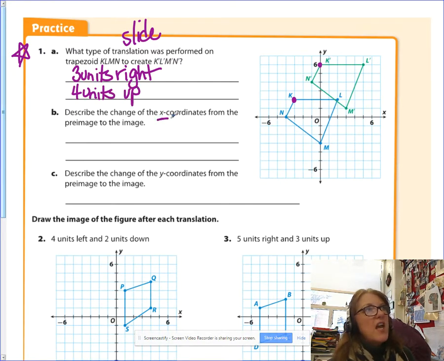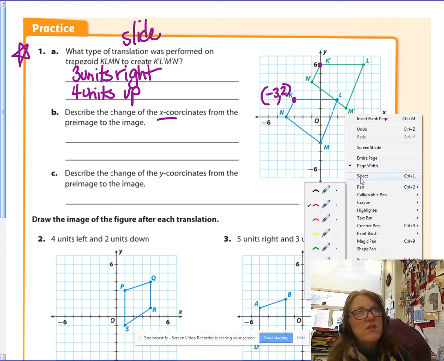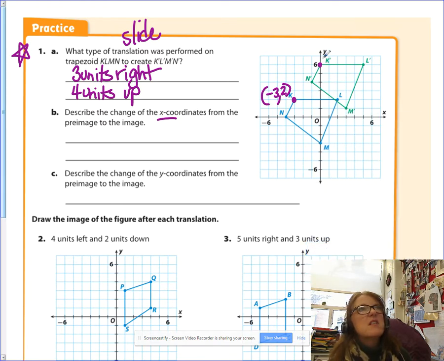What happens to the x coordinate from the pre to the post? So let's take a look at this original K. This original K had an x coordinate of -3, a y coordinate of 2: (-3, 2). My new K, K prime up here, and I'll even change colors to make this one green, is at (0, 6).